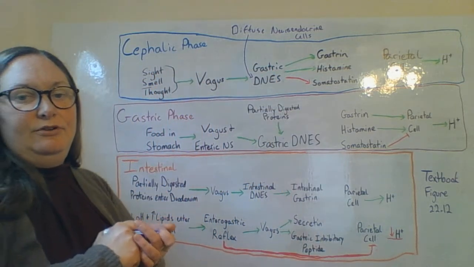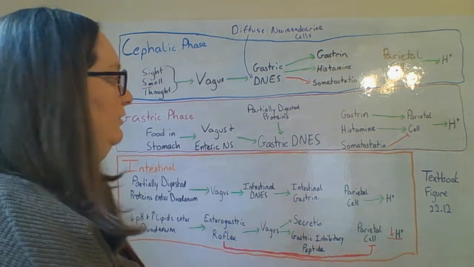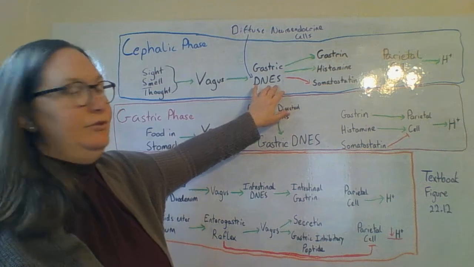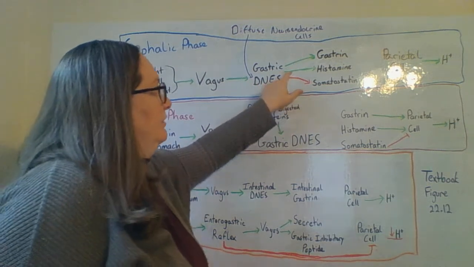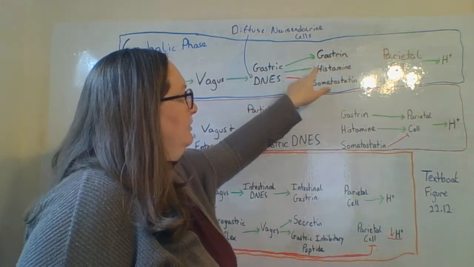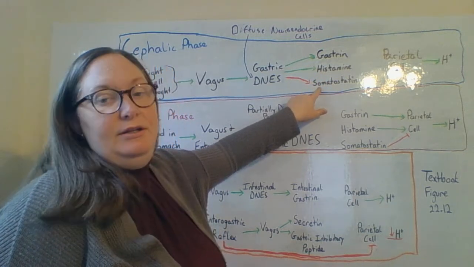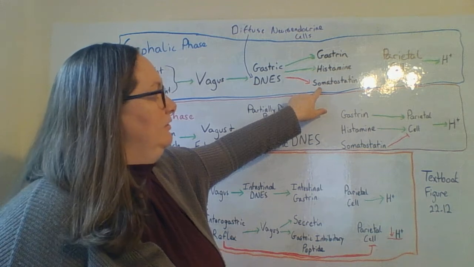Diffuse neuroendocrine cells. All right. So the gastric diffuse neuroendocrine cells then promote gastrin, promote histamine, and inhibit somatostatin.